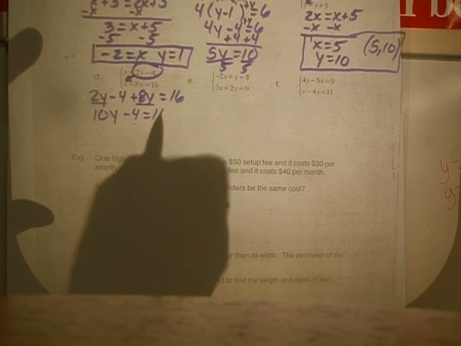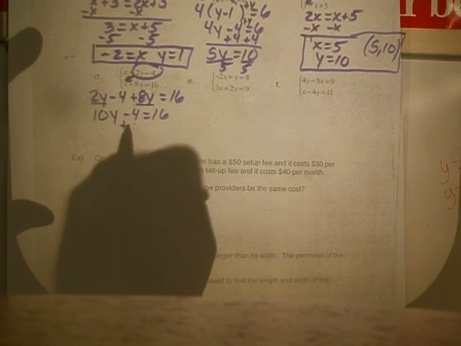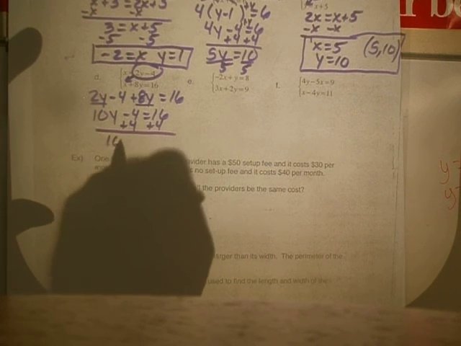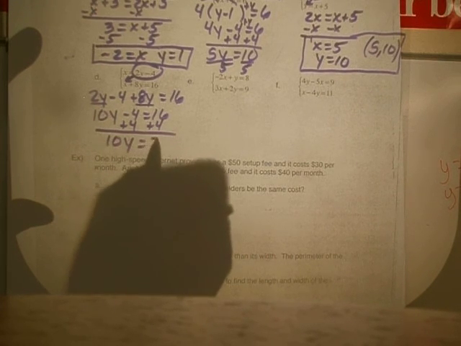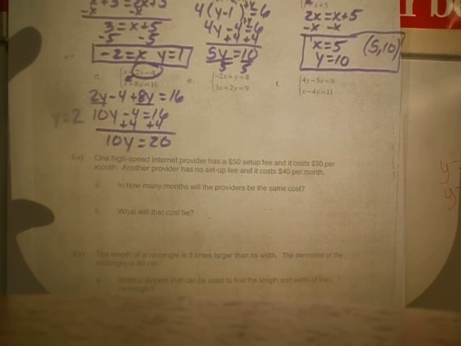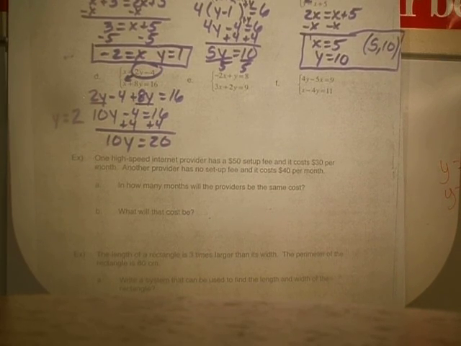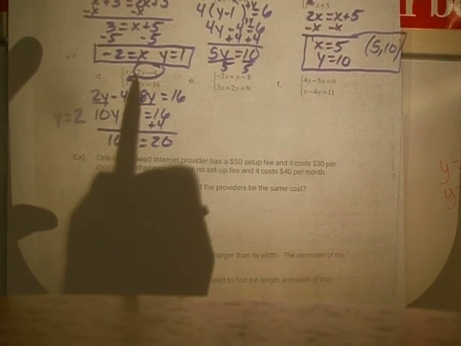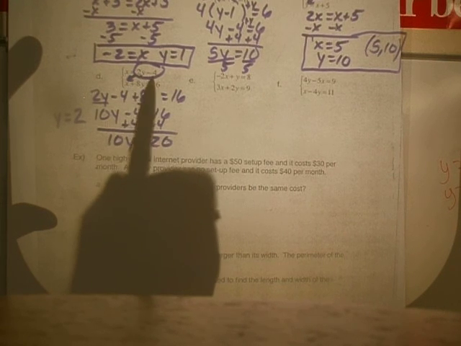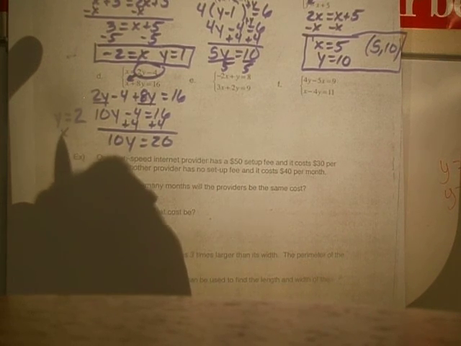Minus 4 equals 16. And if we add 4 to both sides, you have 10y equals 20. So your y is going to equal 2. To figure out the x, you're going to substitute that back in. I'm going to put it in this first equation. 2 times 2 is 4, minus 4 is 0.